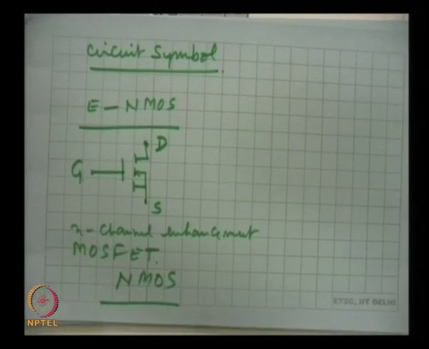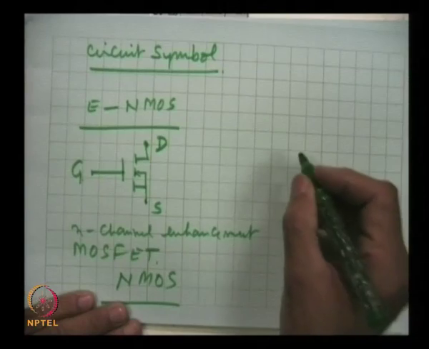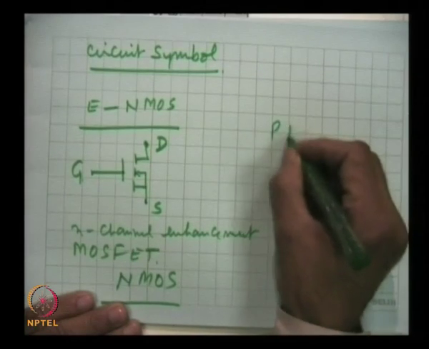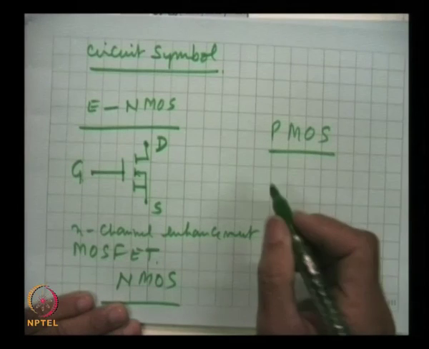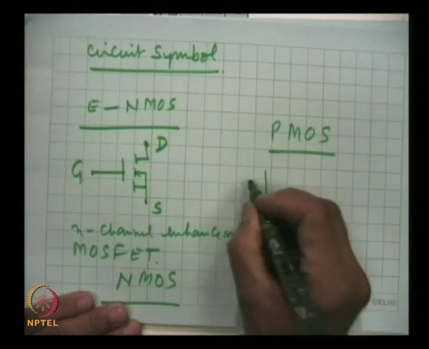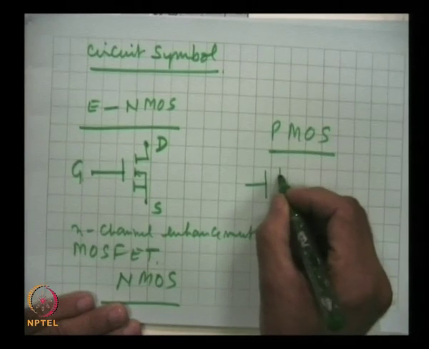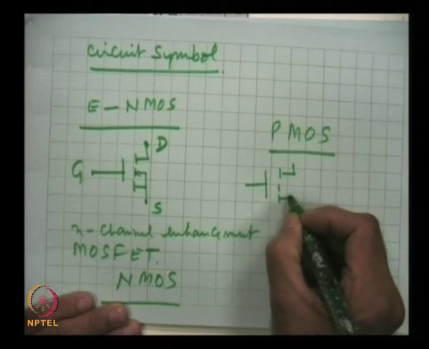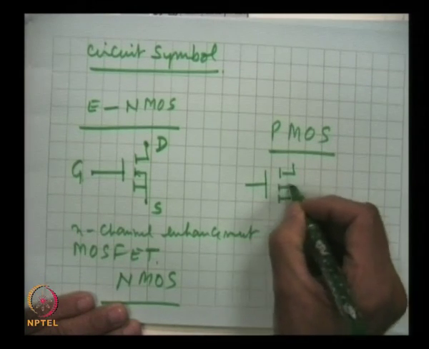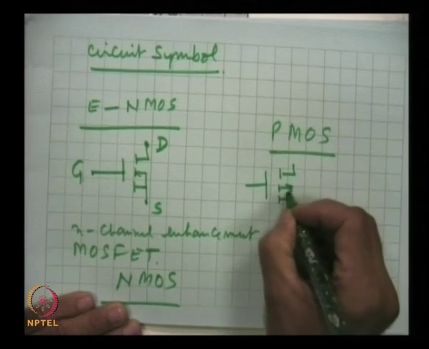And the circuit symbol for PMOS, the circuit symbol is perforation, and then here the direction of arrow reverses.